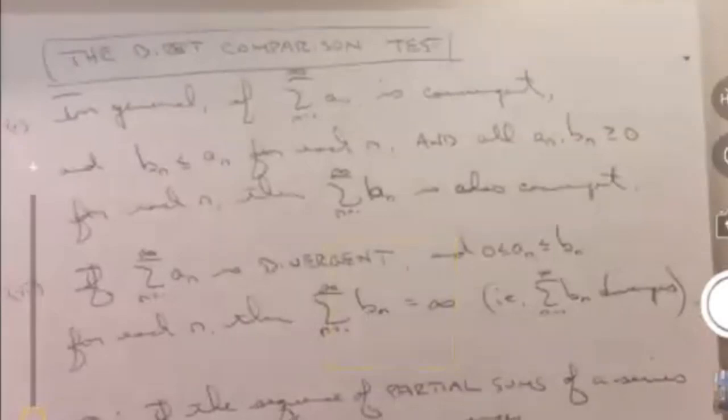Because if I can show that, then the sequence of partial sums is going to be convergent. But if the sequence of partial sums is convergent, then the series itself converges. So that's basically the argument.